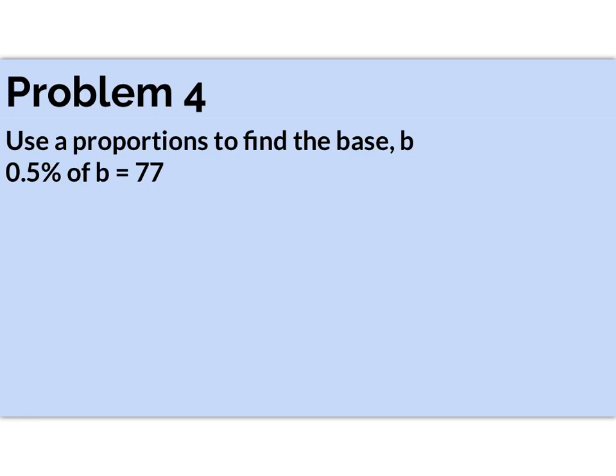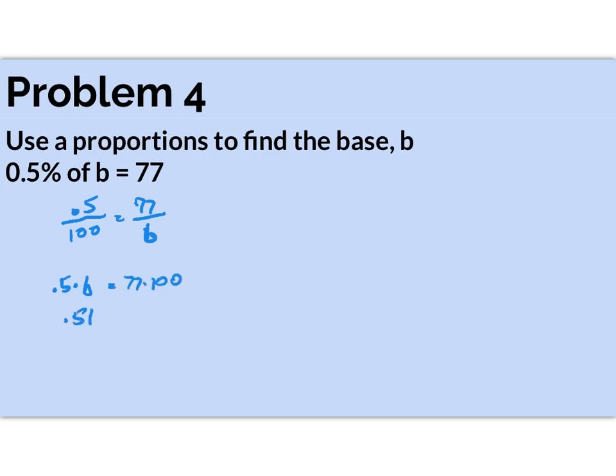Okay, our final problem. Use proportion. So 0.5 over 100 equals 77 over b, which is our whole. All right. So cross multiplying, we get 0.5 times b equals 77 times 100.